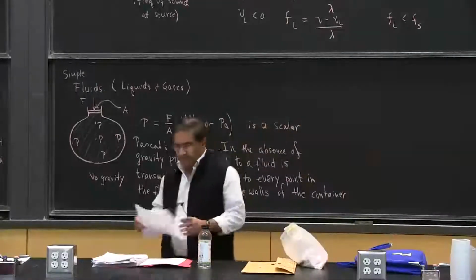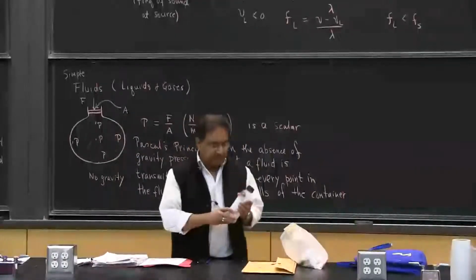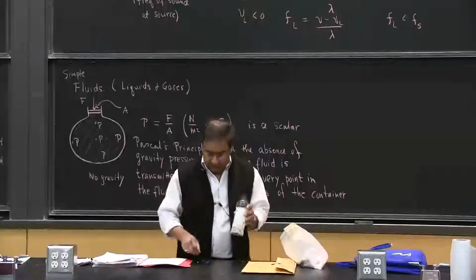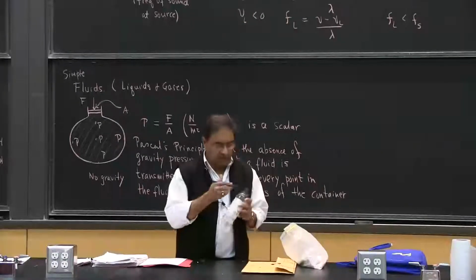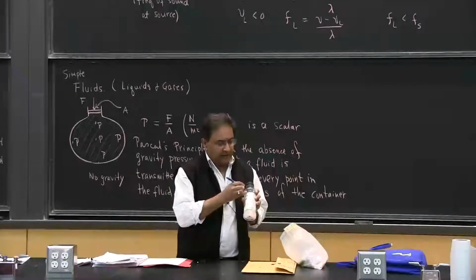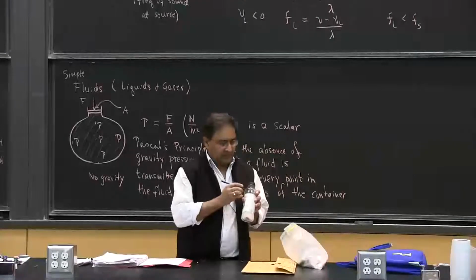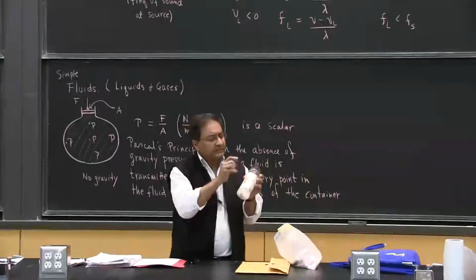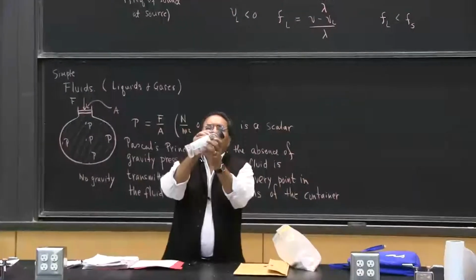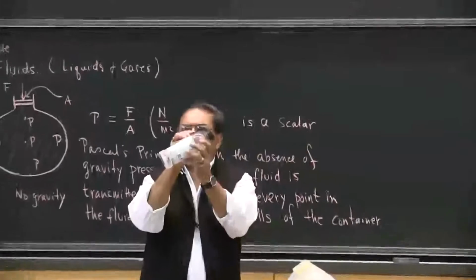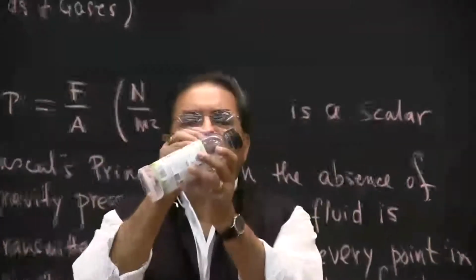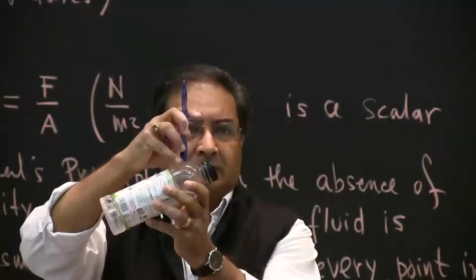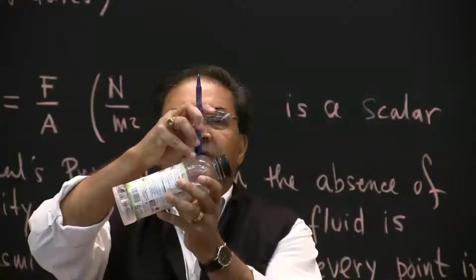Why is area a vector? Well, area is a vector for the following simple reason. If you look at this bottle here, suppose I mark up just a square somewhere here. This square would be sitting on a surface with a curvature. And the way the area vector is defined is the outward normal, outward perpendicular to that tiny bit of surface.